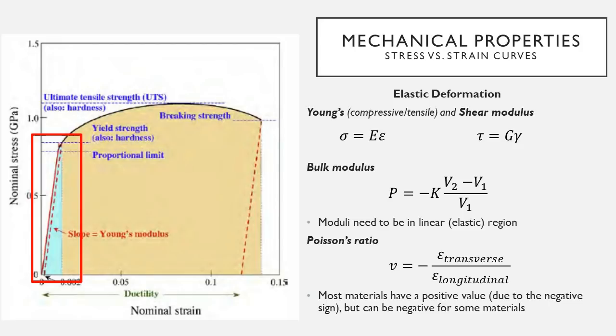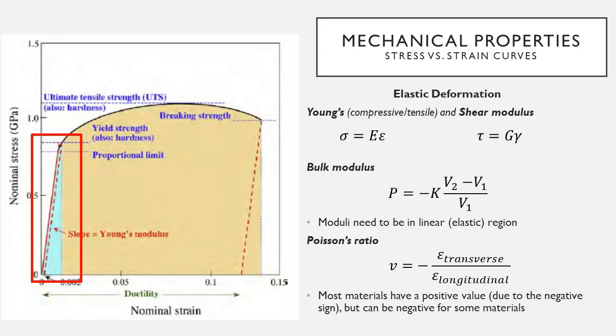Whenever I say elastic, I think of things bouncing. If you can deform something only to a certain point where it can withstand that amount of deformation and then bounce back to its original shape, it's called elastic deformation. And we'll also talk about inelastic or plastic deformation, which is where you deform something so much that you permanently alter it and then it can't go back to its original form.